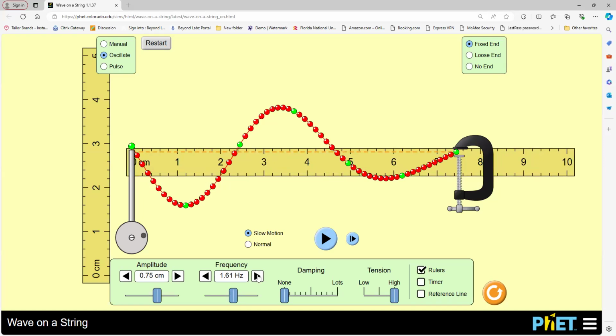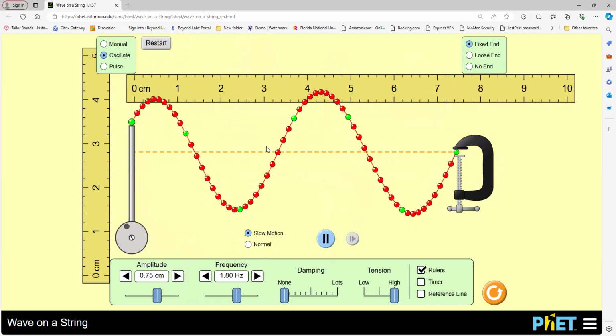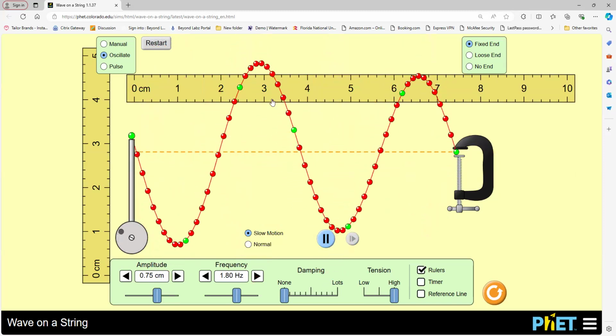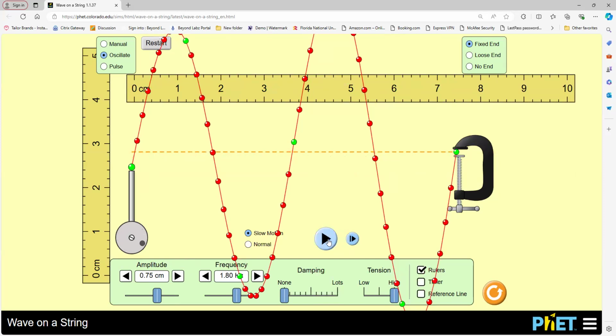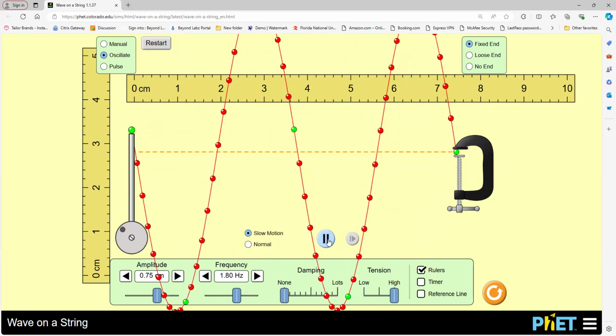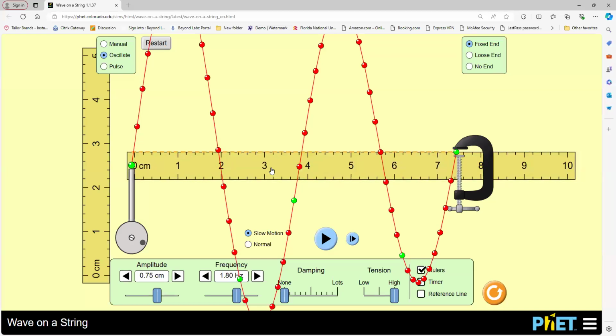I will now increase the frequency. I don't change the amplitude. And I can measure the wavelength. I get 3.8, 3.9.